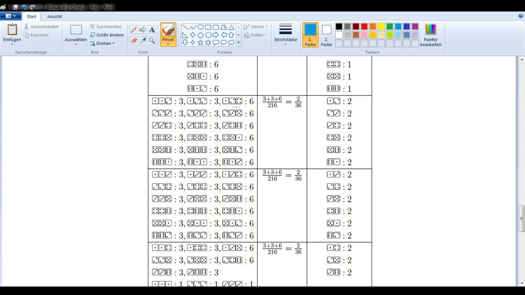For example, 2, 3, 5 is like almost a straight, right? It goes up 1 and then up 2. And 3, 4, 6 goes up 1 and then up 2. So you can see that those are related. And you can also easily see that 1, 2, 4 is related in the same way, right? It goes up 1 and then up 2.